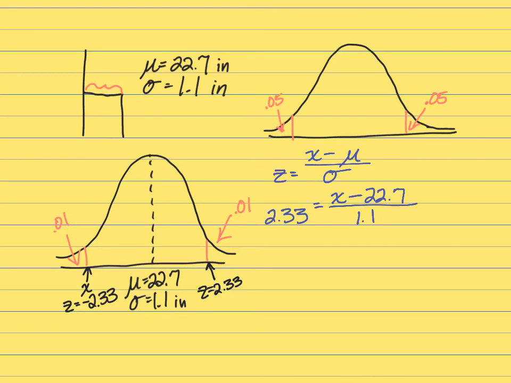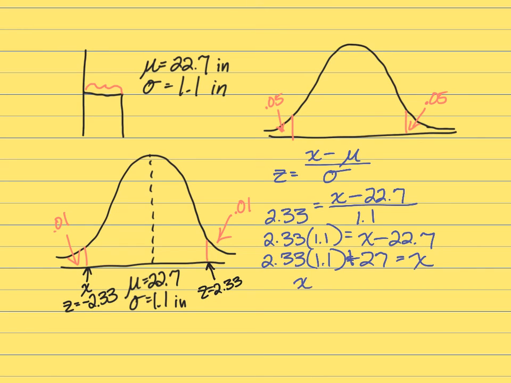Right? And if we solve for x at this point, by multiplying both sides by 1.1, and then by adding 22.7 equals x, we get that x equals 25.263.